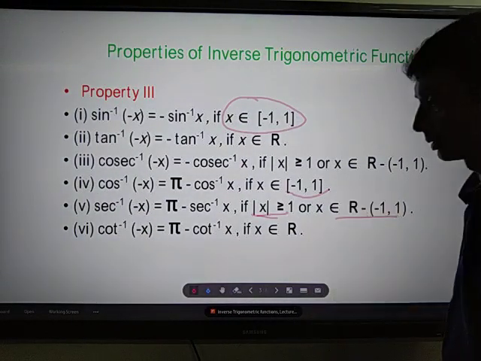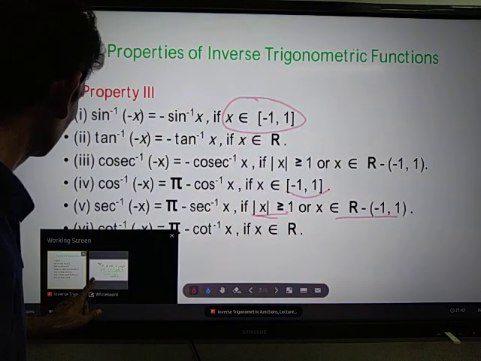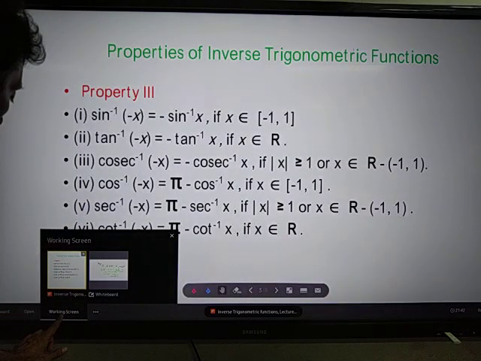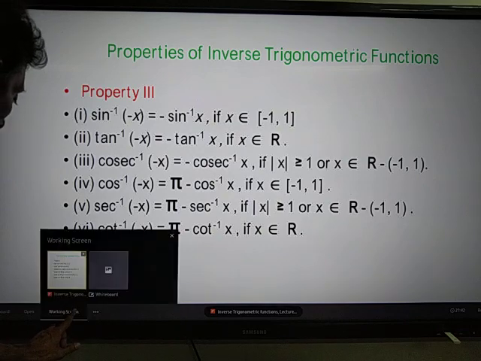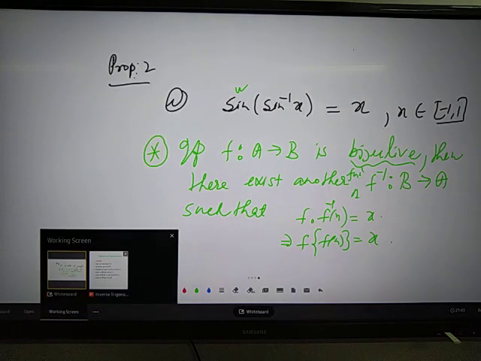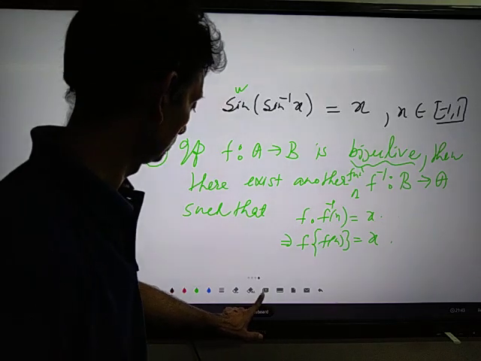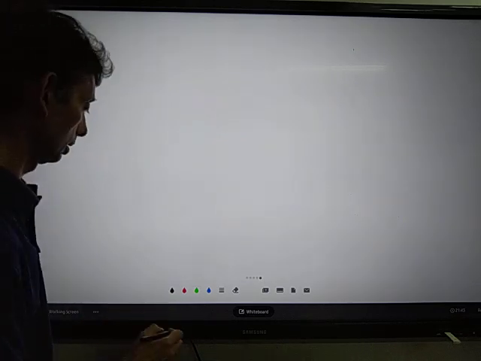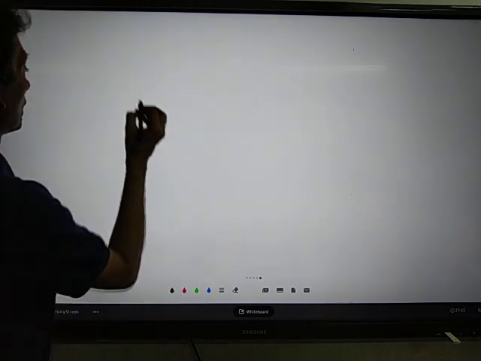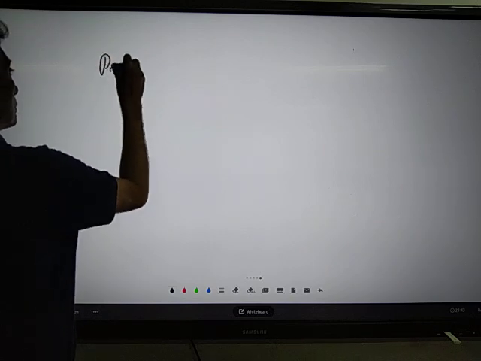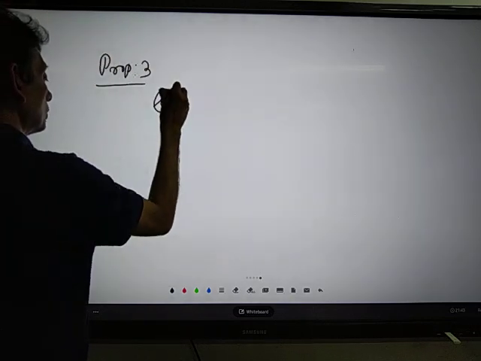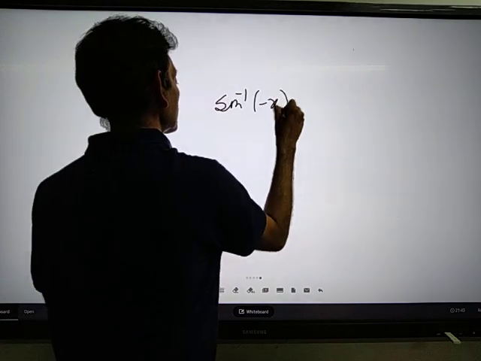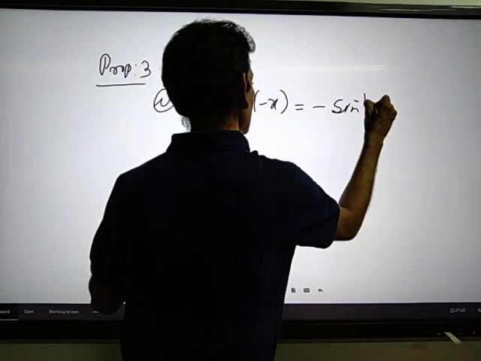Let us prove these properties. How to prove this? We'll be proving the first property, that is property 3: sine inverse of minus x equal to minus sine inverse x.